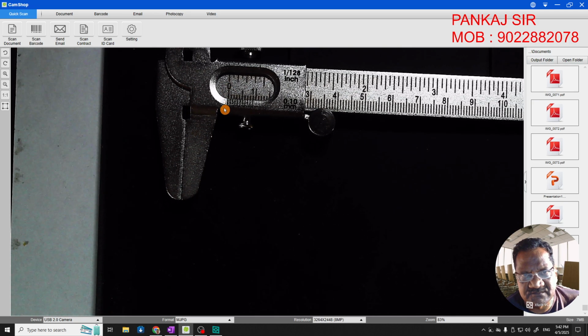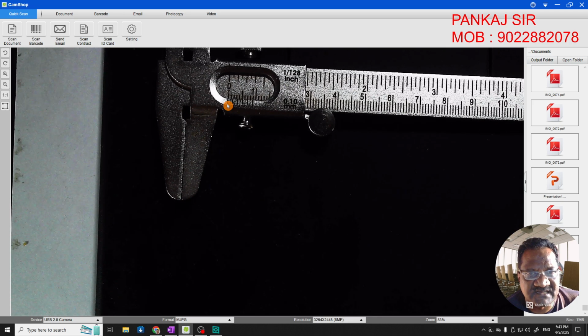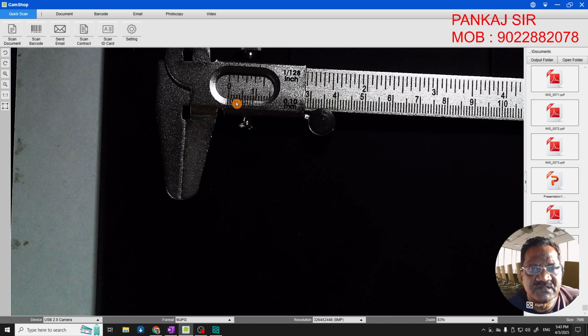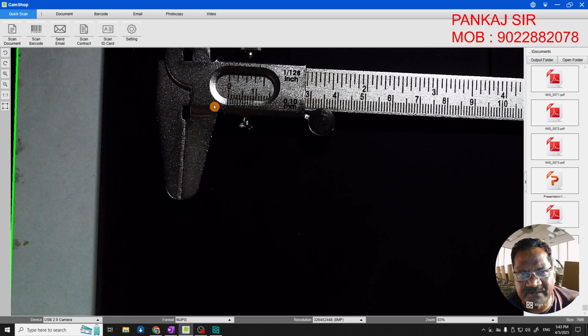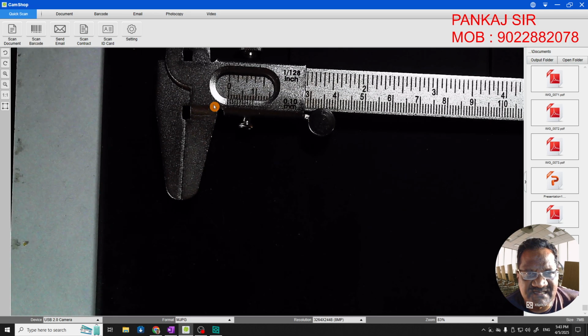There are two cases that can arise. Either the zero mark of the Vernier scale will shift to the right of the zero mark of the main scale, or it will go to the left of the zero of the main scale. Either thing can happen. In either case, we say that a zero error has been introduced into the Vernier caliper.